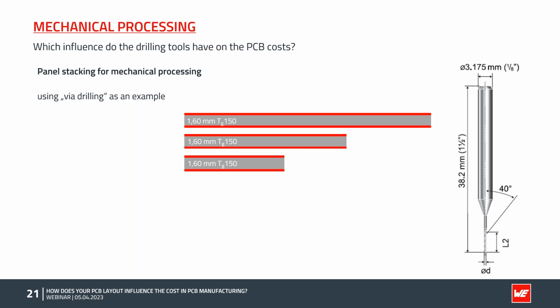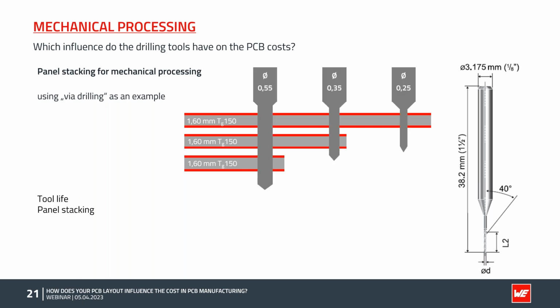what we do in PCB manufacturing is what we call panel stacking. So if the tolerances allow it, and if the tool is thick enough, we can stack panels on top of each other in the machine, and by one drill hit, we can make 2 holes or 3 holes in 2 or 3 different panels.